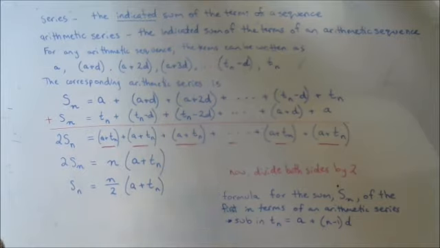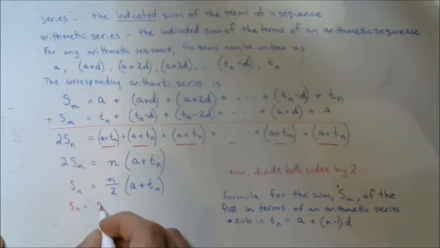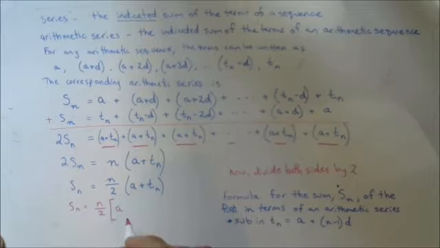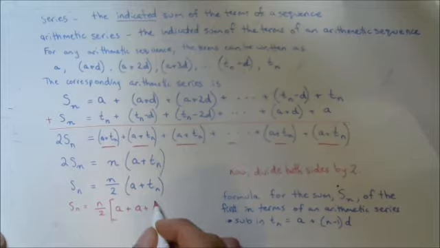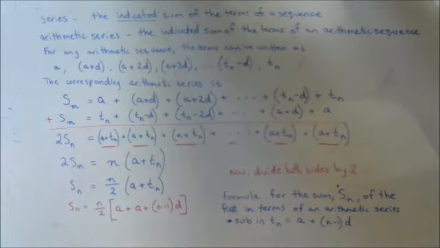I'm going to do it in pink because I need to simplify it once we're done. But we have n over 2, and we're going to have a double set of brackets, so I'm going to use a square bracket. This a just comes down, and what we're going to do is substitute in, for t sub n, a plus n minus 1 times d, and close off that double bracket. Now you can see you have like terms that you can add together.